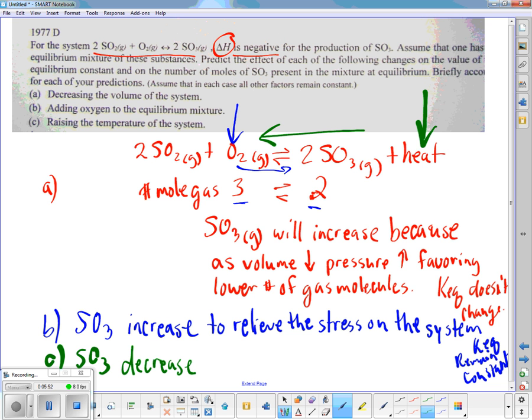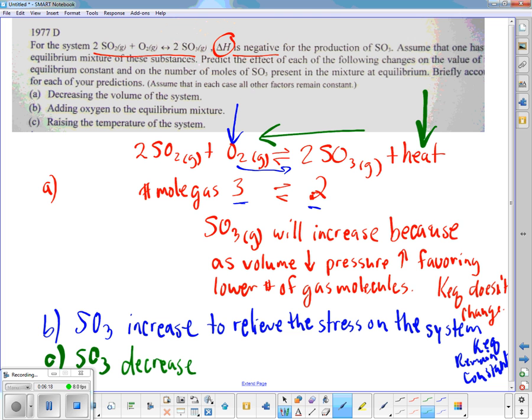Okay, I've got to give a why. Because I'm putting heat in where you want to give it away, it's going to shift back to the reactants.